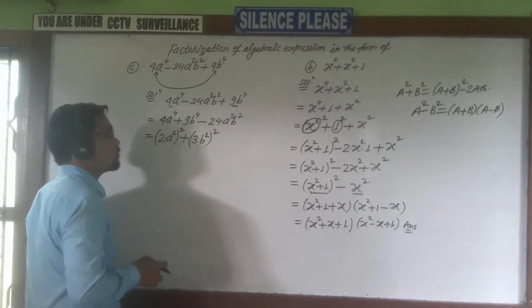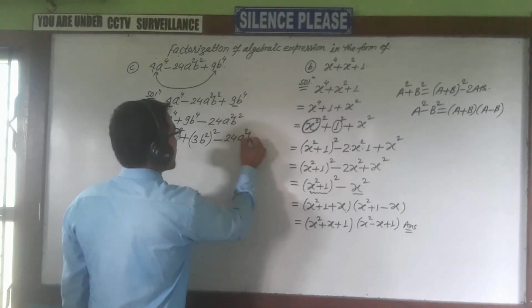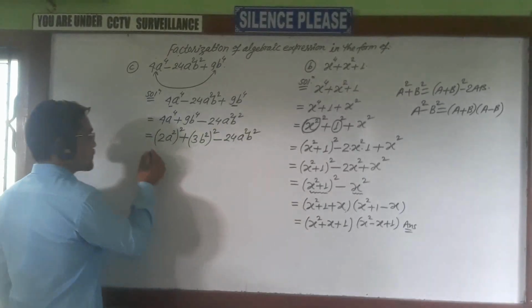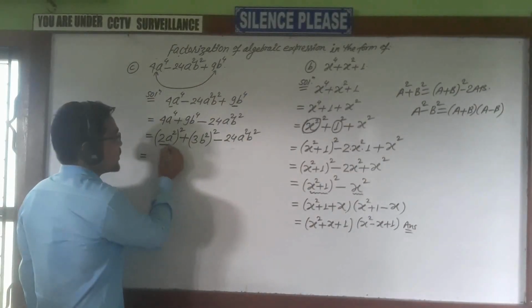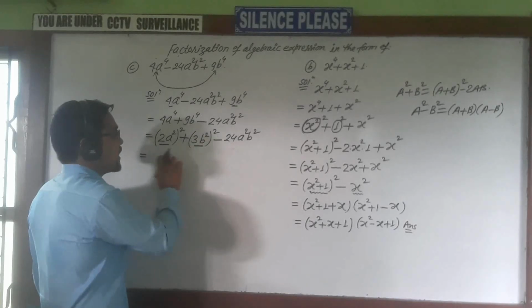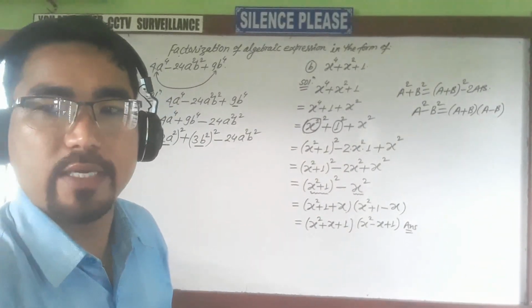When we multiply power to the power, the last term we have to put the same, 24a square b square, as it is. We have to consider this first term a, and this b, a square plus b square. Okay, a square plus b square is equal to a plus b whole square minus 2ab.